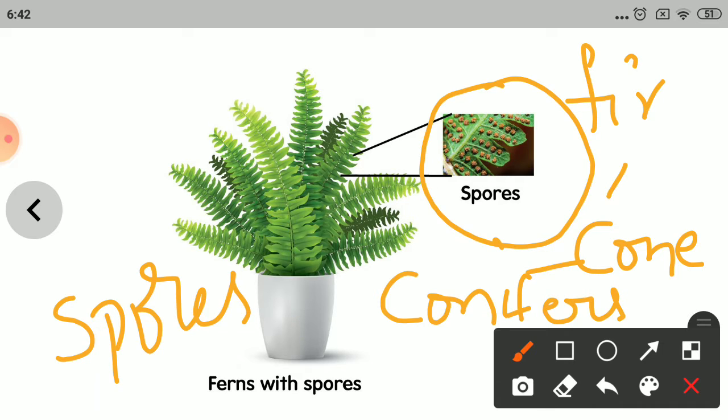Okay. So at first we started differentiating the plants into flowering and non-flowering. Again in the non-flowering, we saw some of the plants reproduce by spores and others are truly conifers because they reproduce by cones. Okay.